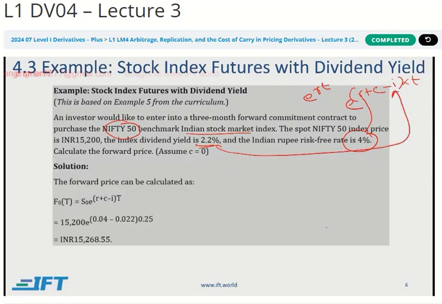And let me show you. So they've taken the spot price, they've multiplied it with e to the power r plus c, cost is 0 in this case, minus I, which is the income, multiplied by t.